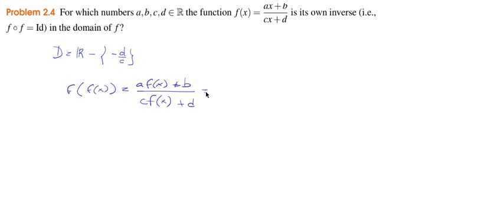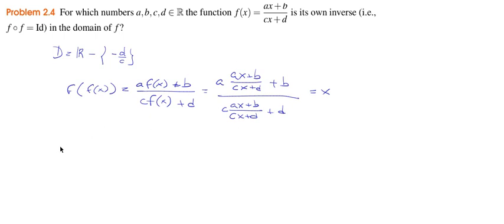And then in f of x, we just plug the expression ax plus b over cx plus d, everywhere. And then this is equal to x. That's the condition we want: f composed with itself is equal to x.